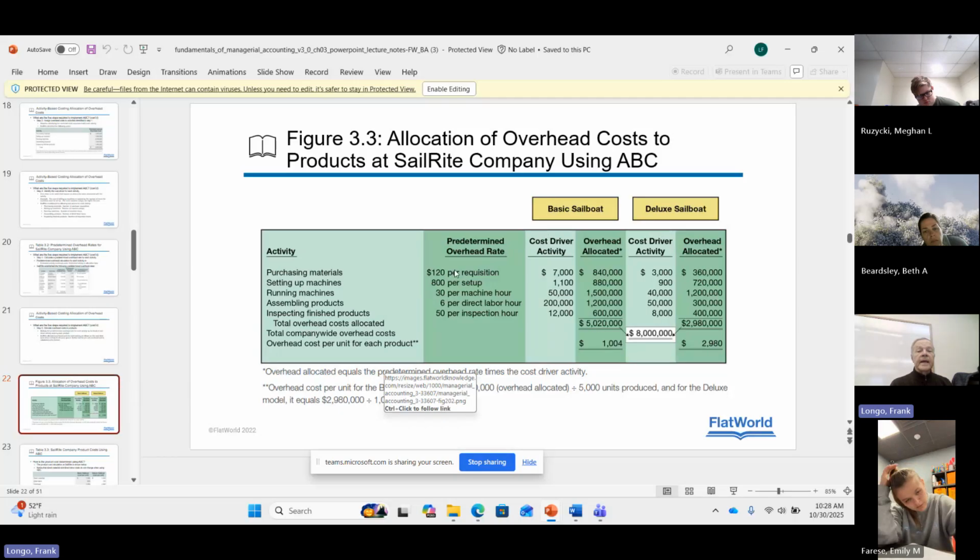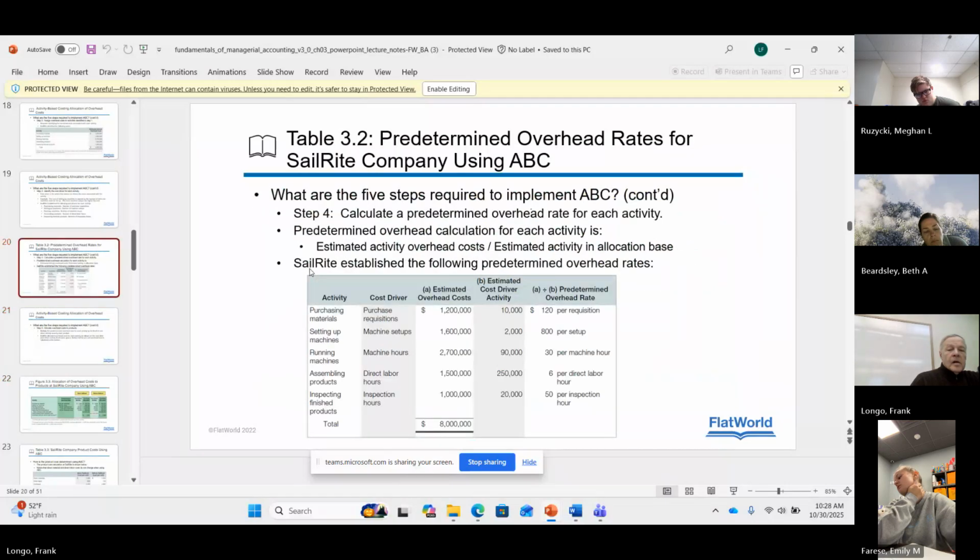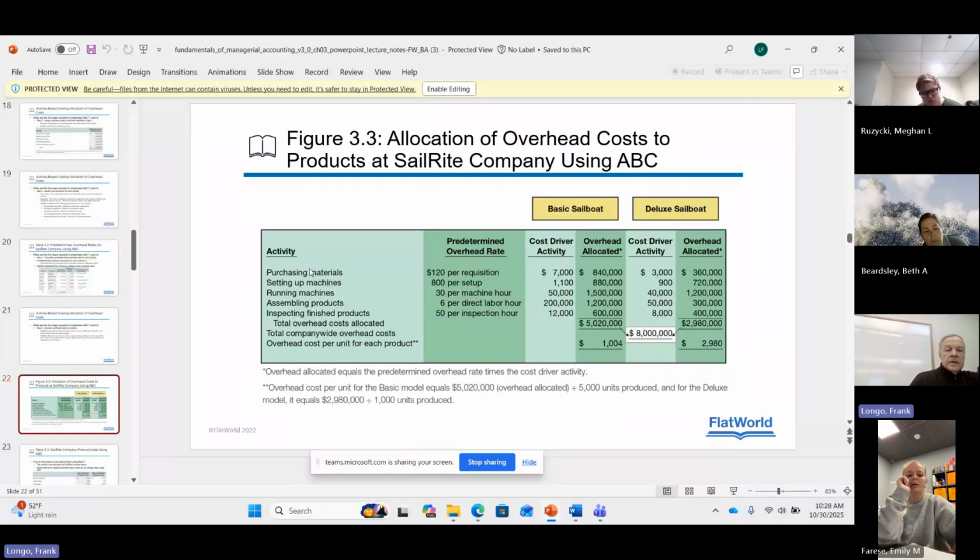So we've listed the activities which are purchasing materials, setting up machines. Where does that come from? Right here, where you see on the left side, purchasing materials, machine setups. Okay, so we list those. They're all listed on this schedule.